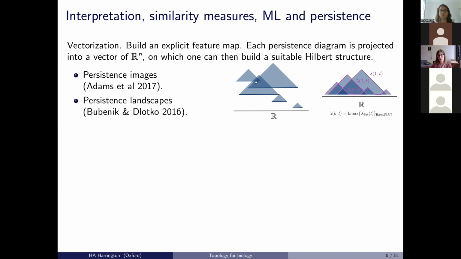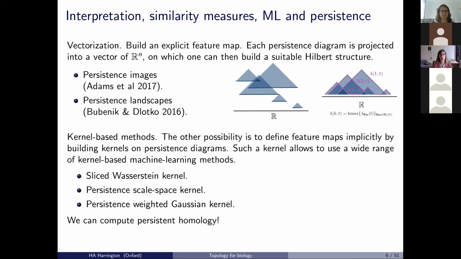As a pictorial example, these are each of the bars in your barcode, and you build these tent functions and then collapse it down, and you have the most persistent, the second most persistent feature. These are the second most persistent bars. And then you can take averages, so you get an average persistence landscape, which we use later in the applications that I present. There's also kernel-based methods, but I don't need to explain. So there are many different examples.